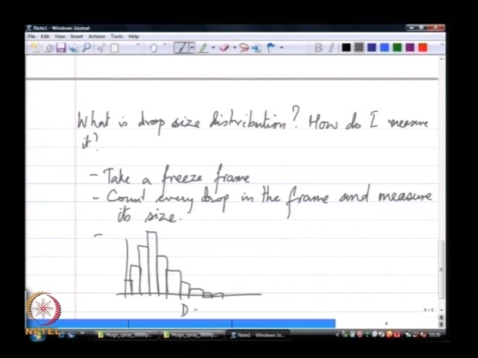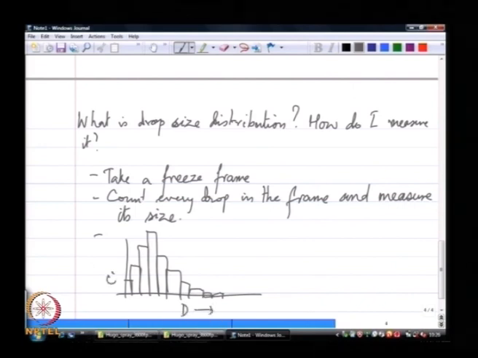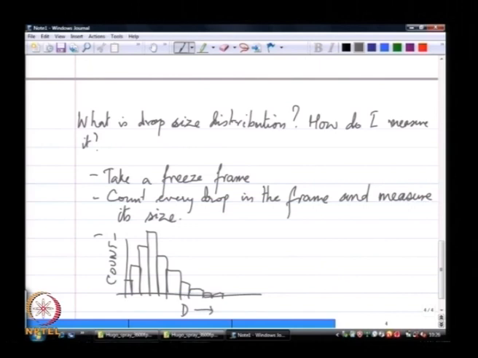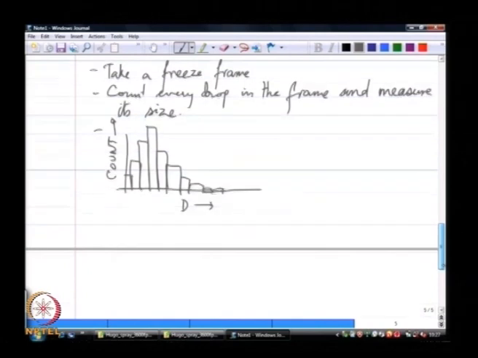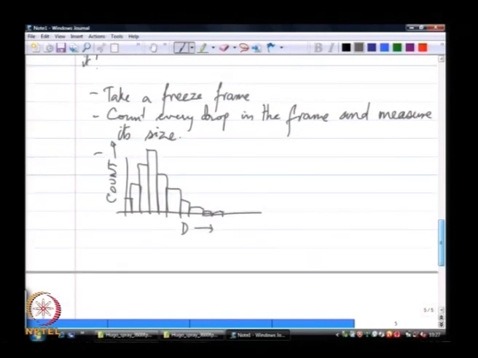So, this is diameter and this is count. I can get the count versus diameter of every drop in this frame and that will give me a distribution. Okay. Clearly, this is a drop size distribution in the spray.